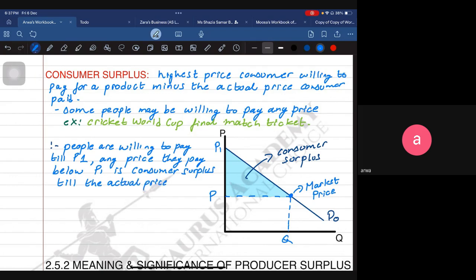You will not be able to buy till P naught.